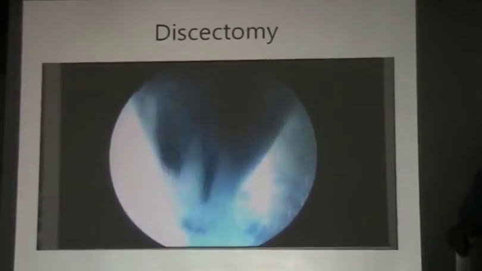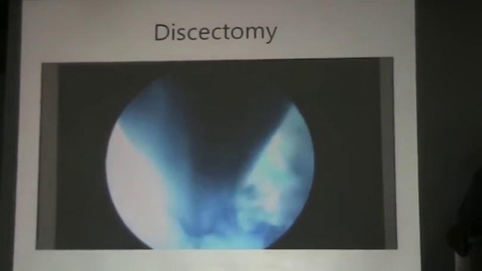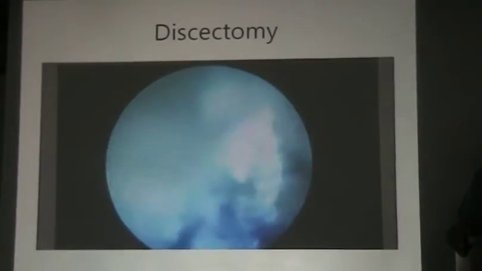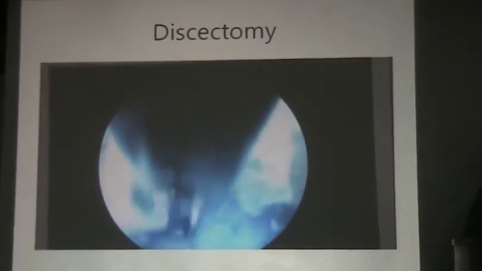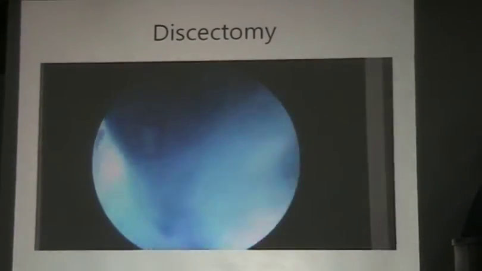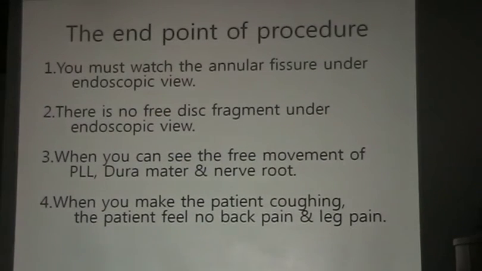Endoscopic forceps. Very good. Okay. The end point of the procedure is that you must watch the annular fissure under endoscopic view, and there is no free disc fragment under endoscopic view.